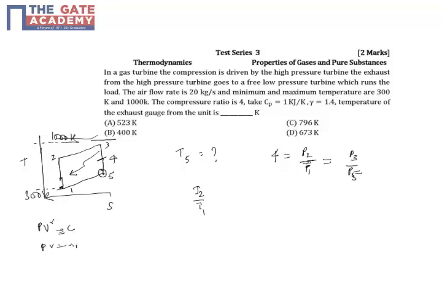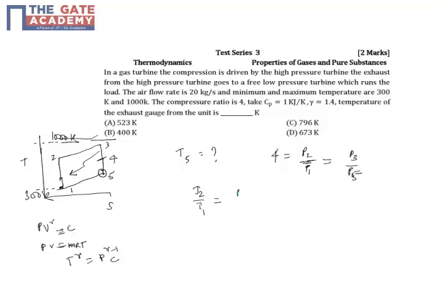So from these two equations, we need to get an equation which relates T and P. So when you substitute V as mRT by P here, what you get is T^gamma by P^(gamma minus 1) is equal to some constant, right?